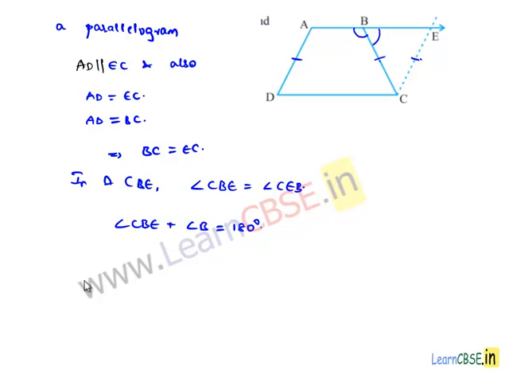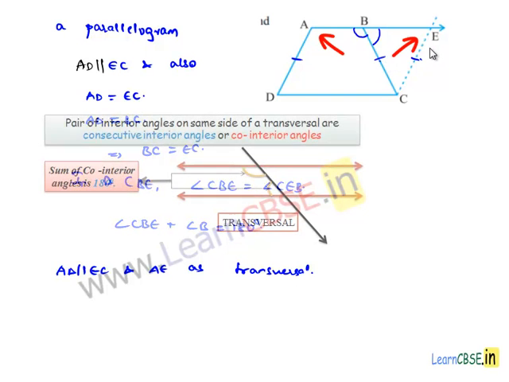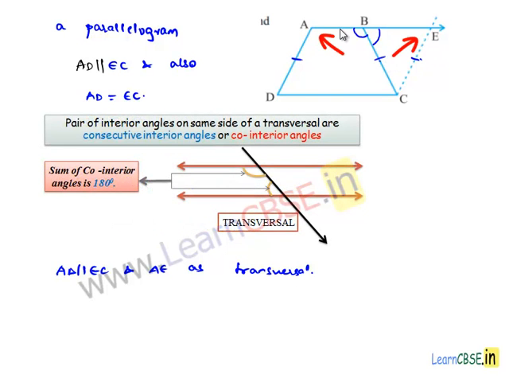Now, if we consider that AD is parallel to EC and AE as transversal, then angle A and angle CEB lie on the same side of the transversal. We know that the sum of angles lying on the same side of transversal is equal to 180 degrees. We can say angle A plus angle CEB is equal to 180 degrees.